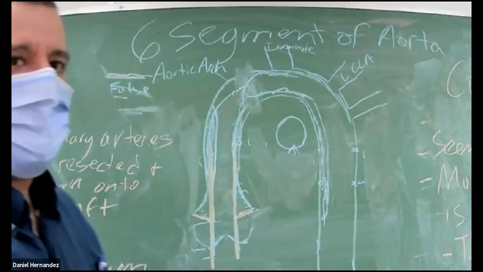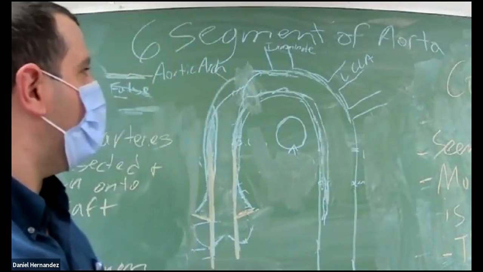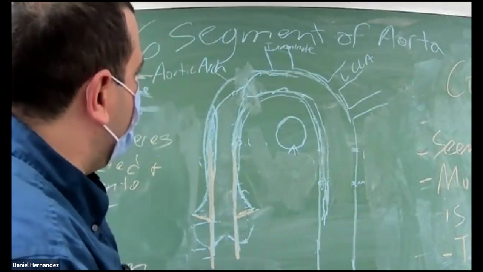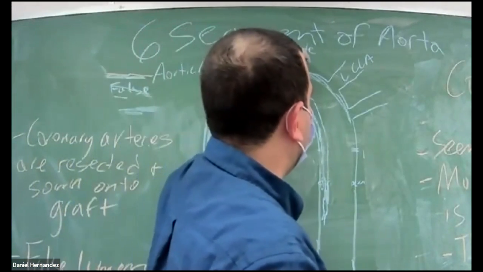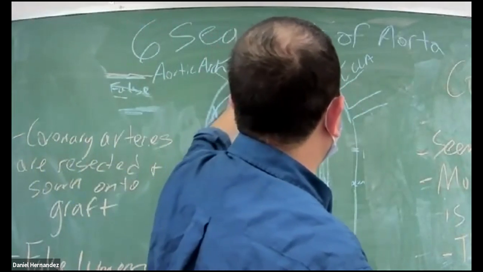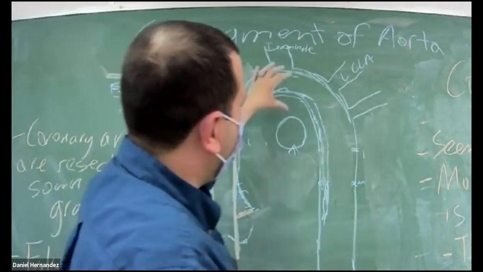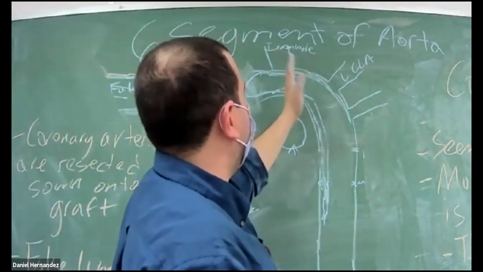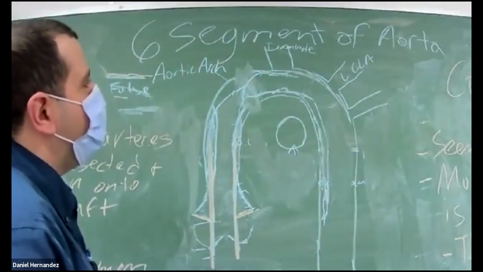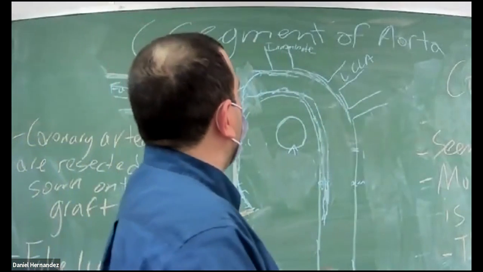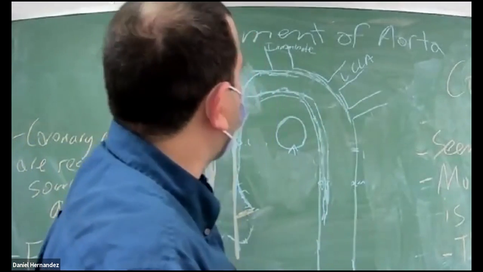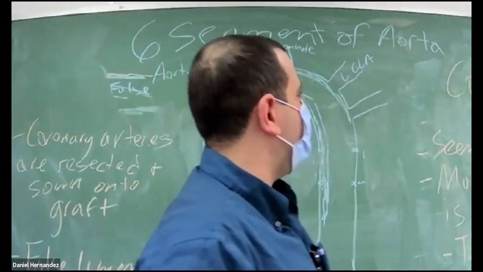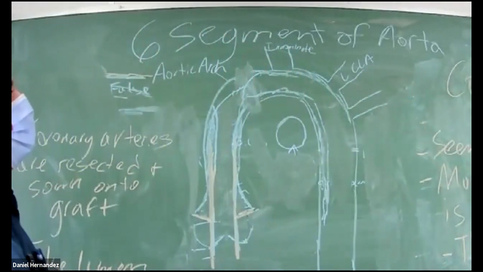So symptoms are very apparent early on with the coarctation. Depending on where exactly that coarctation is, the patient will have different symptoms. If you get a coarctation between, say, the innominate and the left common carotid, the patient's right-sided blood pressures will be normal. The left-sided blood pressures are going to be reduced, diminished.